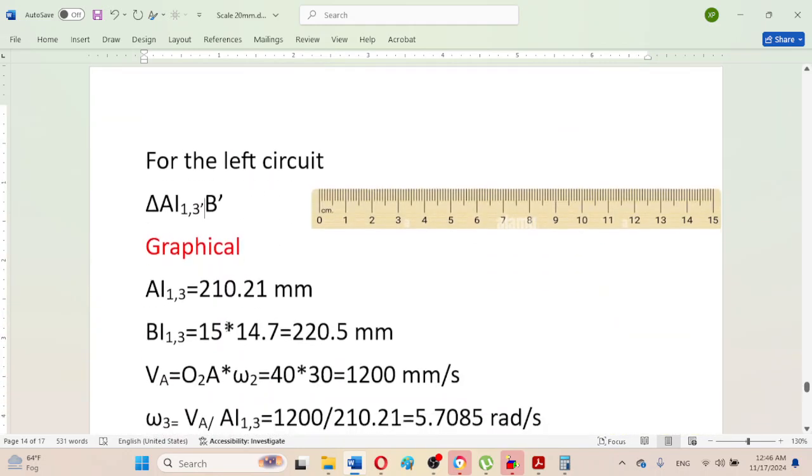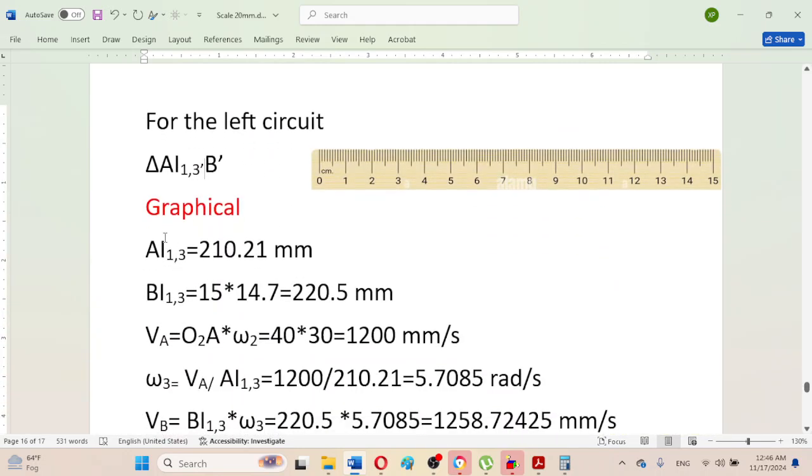In this way, graphically, we can measure these lengths.